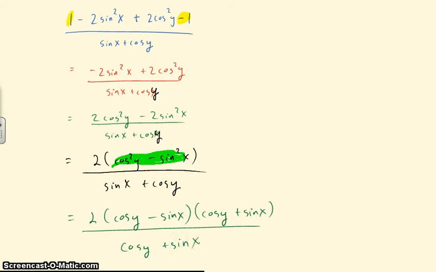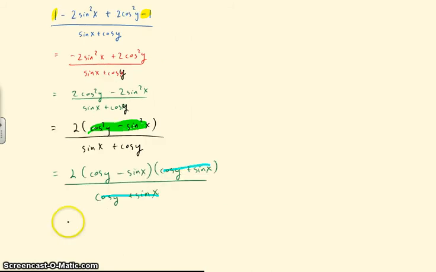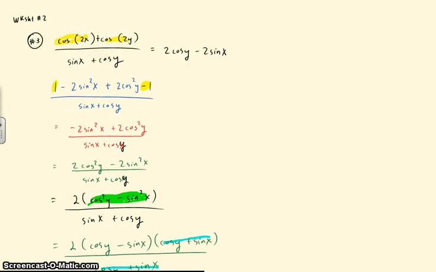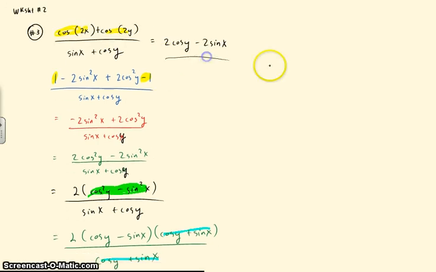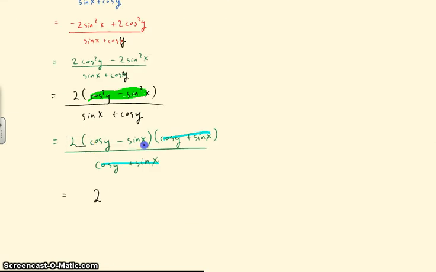This will help me see that this and this are the same, so those can divide out. And I'm left with now 2. Let's see what we want. Well, look, that's what we want. We're left with this thing, which is 2 cosine y minus 2 sine x. It's equal to the right side.